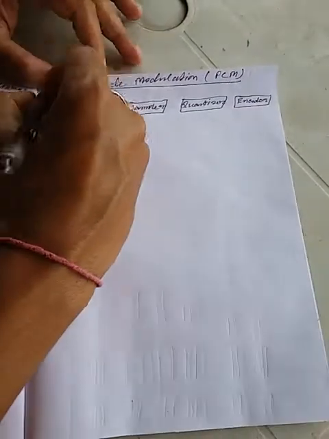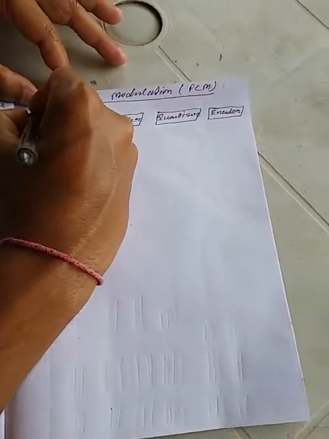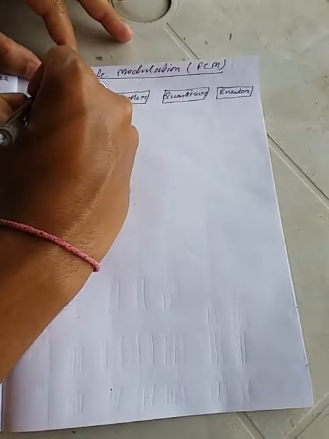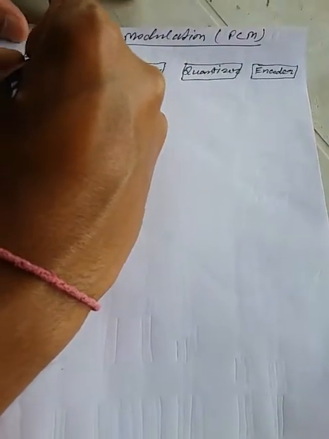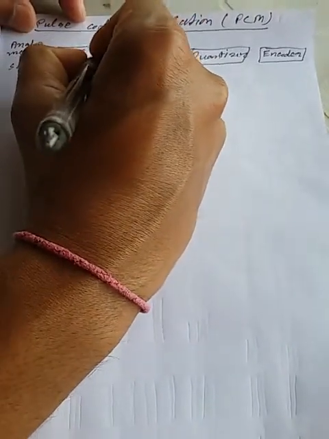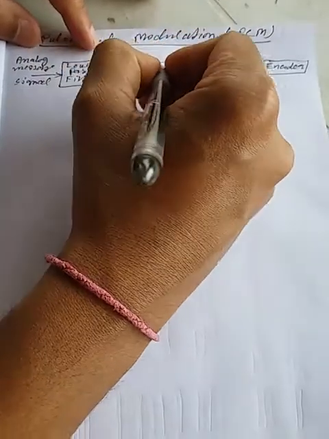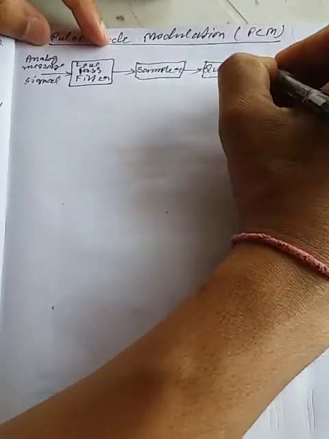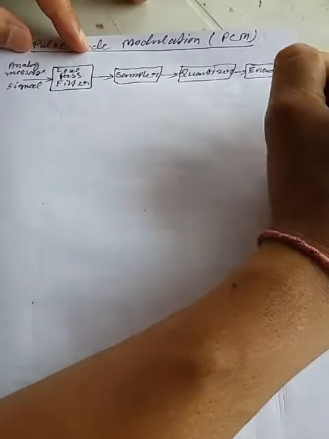So here is the analog message signal. Okay, now the output of the low pass filter goes to the sampler, the output of the sampler goes to the quantizer, and then the encoder.